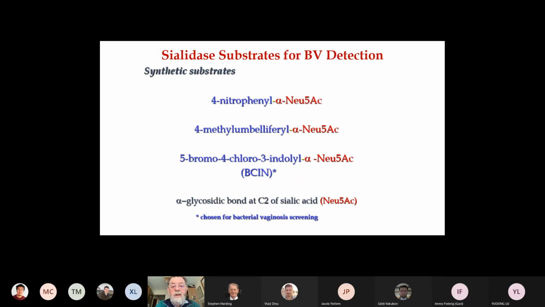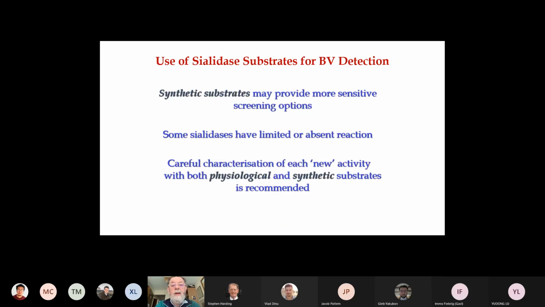So next slide, please. Now, the point we need to make here is that synthetic substrates could provide us, or will provide us, with a more sensitive screening option. However, some sialidases have been found not to react with certain of the synthetic substrates that have been prepared.